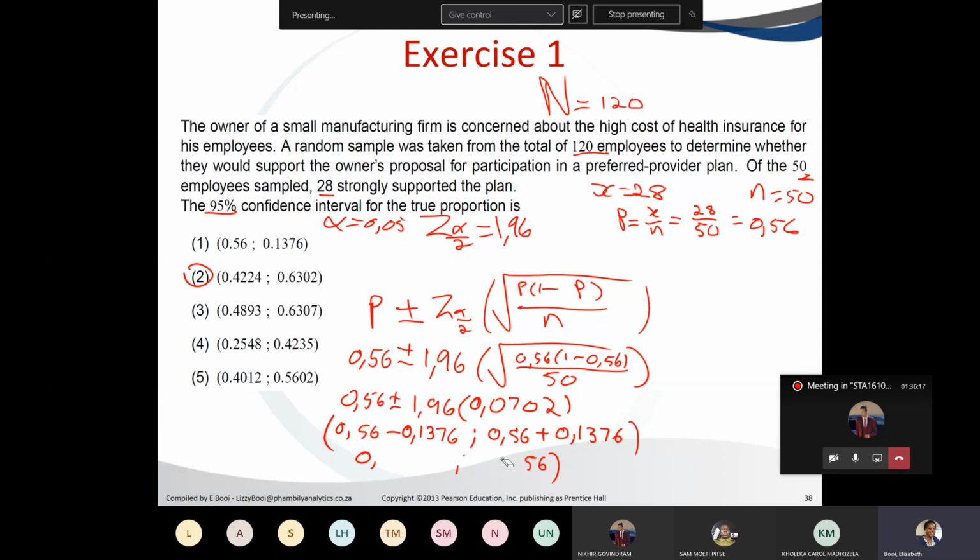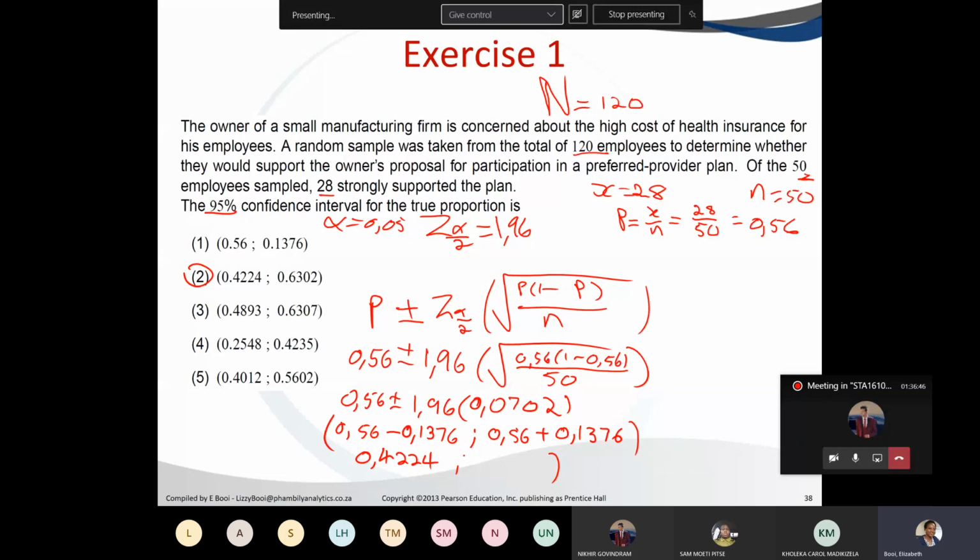So let's write them correctly. 0.56 minus 0.1376 is 0.4224. And on the other side is 0.56 plus 0.1376, which is 0.6976.